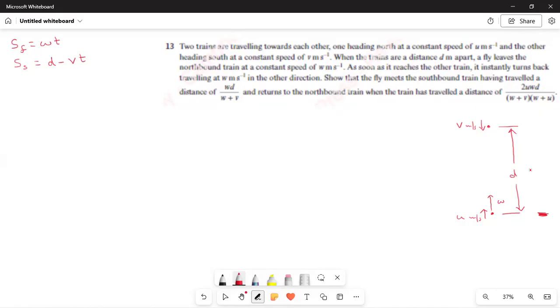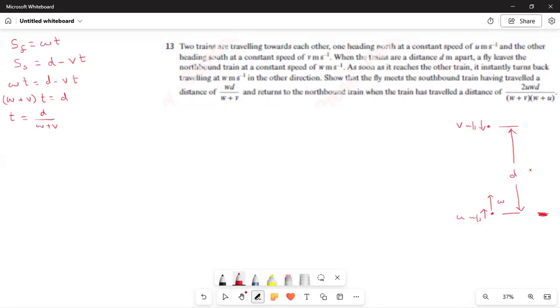So at some time they meet each other, so these two distances will be the same. So wt would be equal to d minus vt. Easy. If I bring v on the other side, it will become w plus v into t equals d. So the time when the fly meets the southbound train is d over w plus v. Easy?